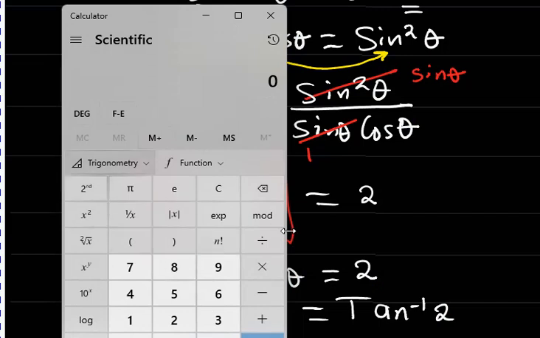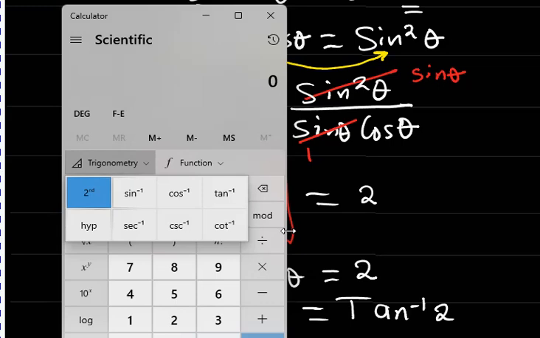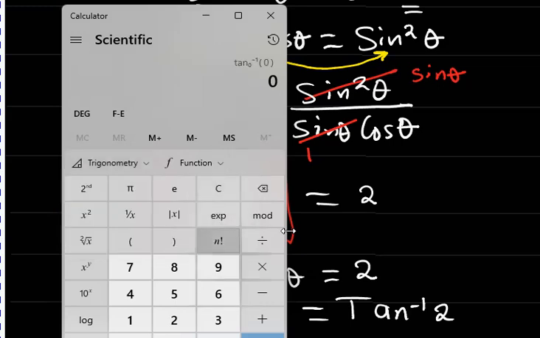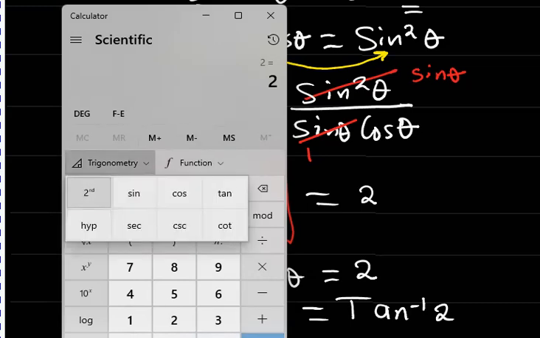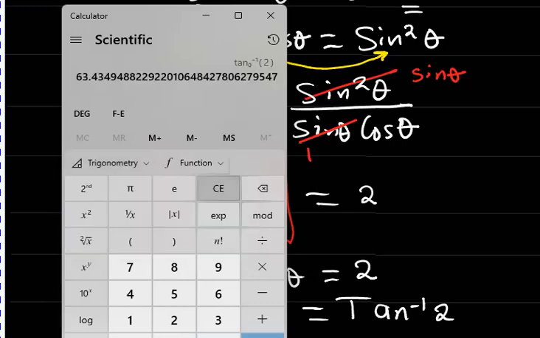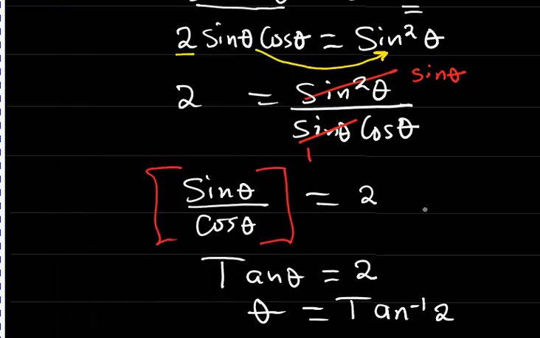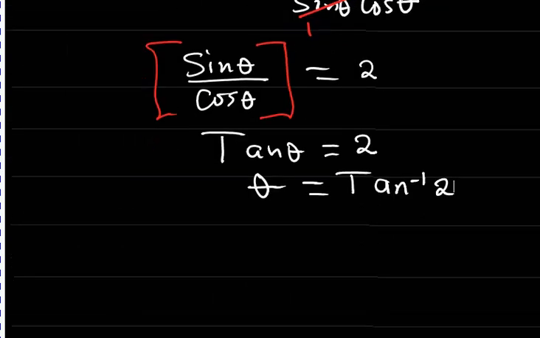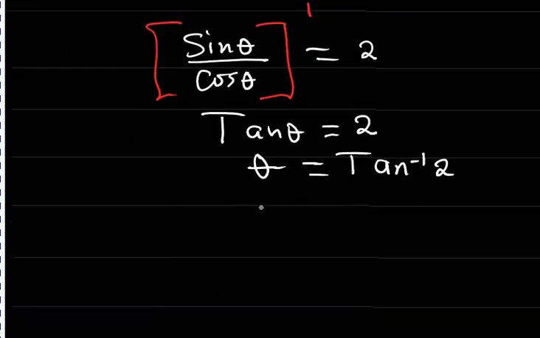So I'll do shift, inverse of tan of 2, and that's going to be 63.4 approximately. So the angle theta that we're looking at is 63.4 degrees. I hope that is well understood.